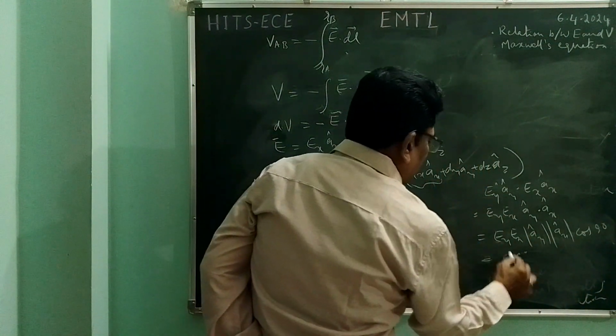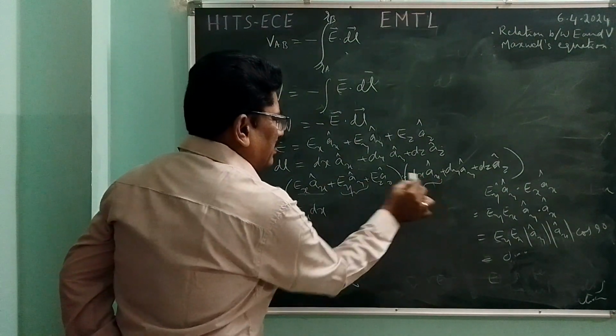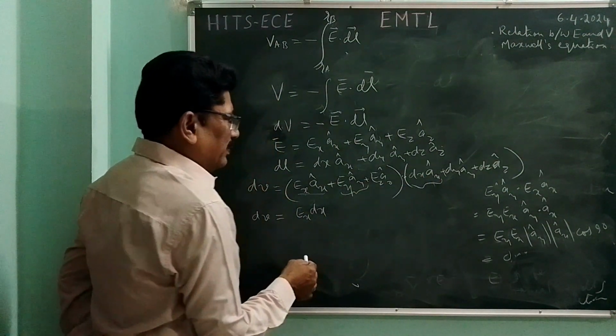Cos 90 is 0. So this term will be equal to 0. This into this will be equal to 0. The same way, this into this also will be equal to 0.